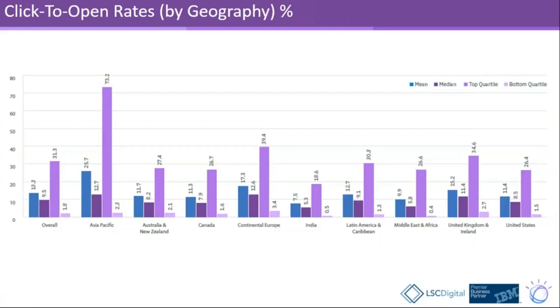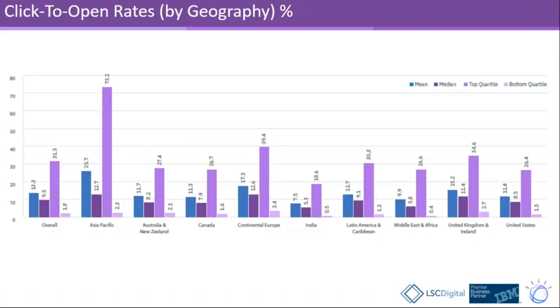If somebody clicks 10 times, it's only counted as 1. That's the unique part, and it's that percentage of the emails delivered, if you will, to the end recipient.